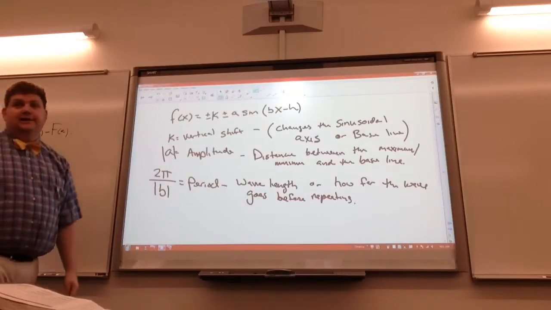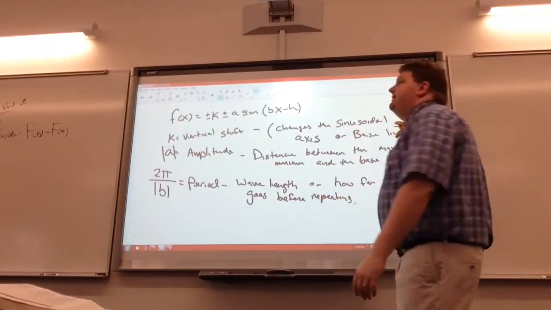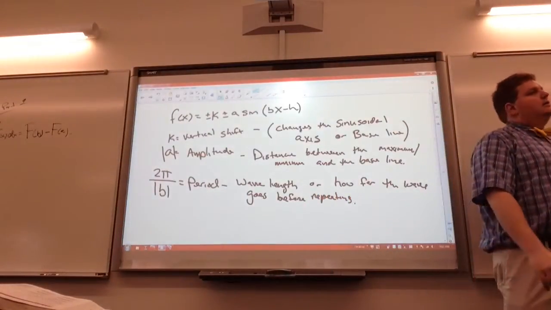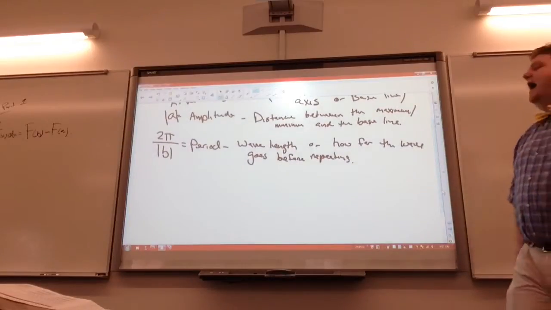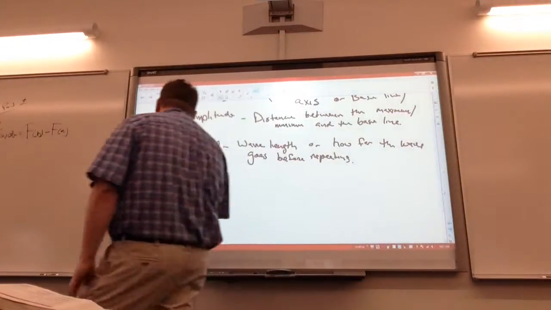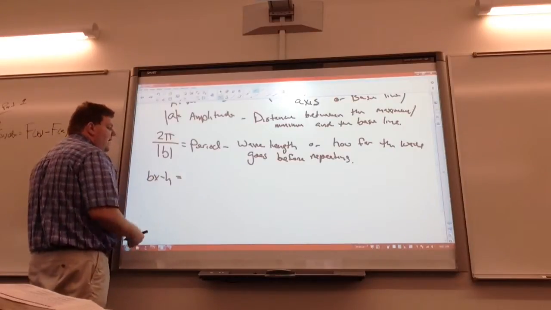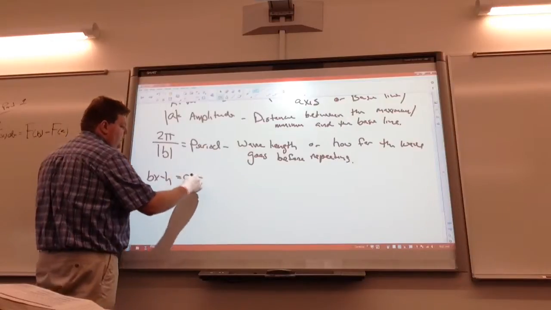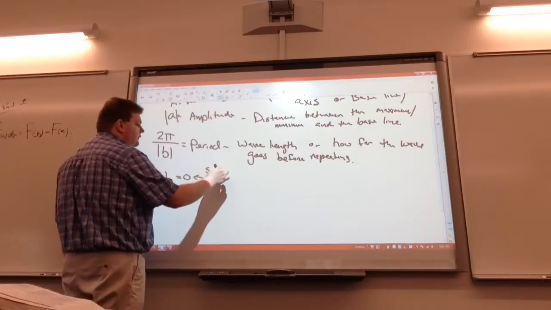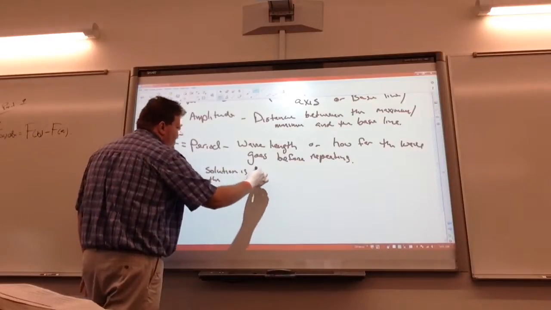Okay? All right. The last thing up here, the horizontal or phase shift. What determines that? Bx minus h. So bx minus h, and solving for equals 0, the solution is the phase shift.